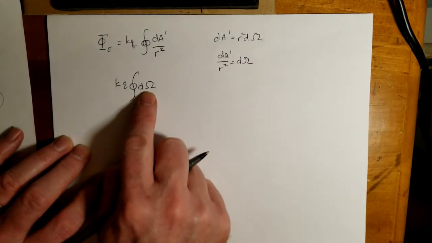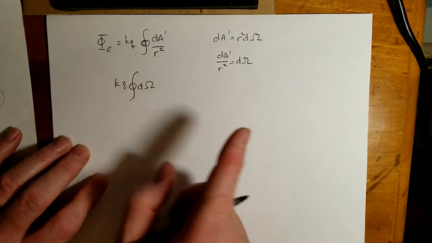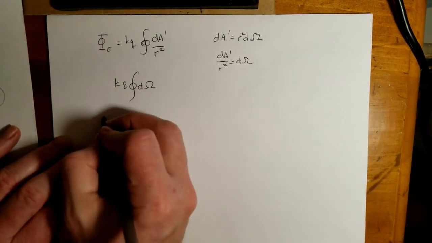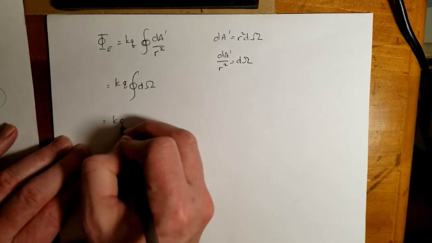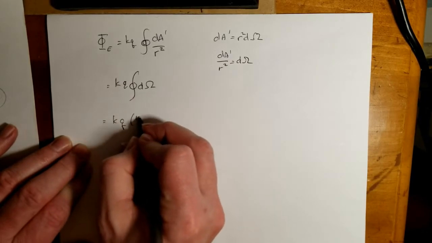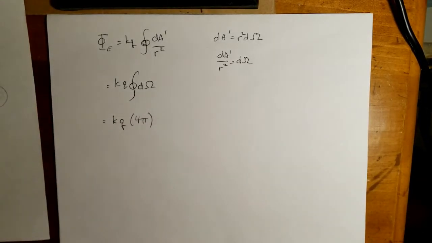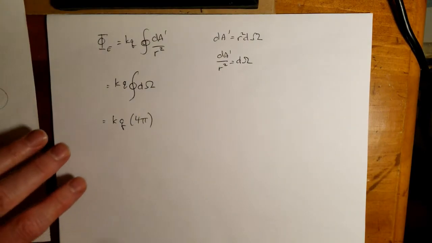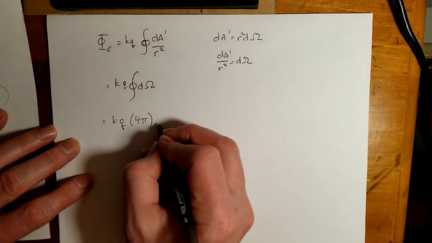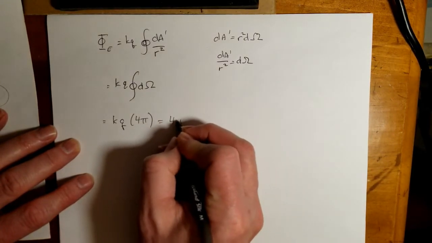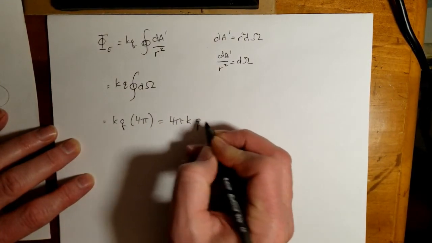Or actually at this point, not over the surface, but over the entire angle that's subtended, which is equal to KQ times 4 pi, which is the number of steradians around a sphere. And so I'm left with 4 pi k times q.